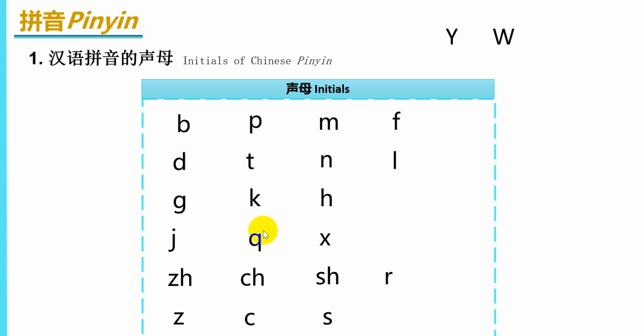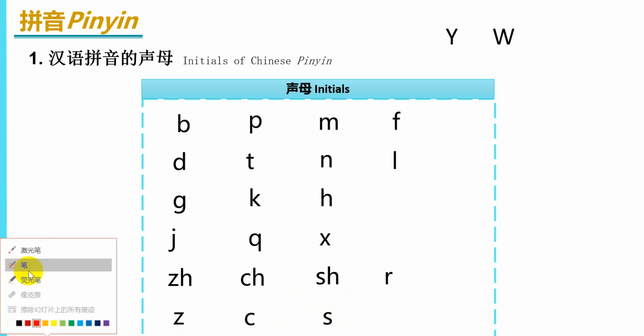G. Yes. Chi. Zhi. Shi. Yes. R. And this one, Zhi. Yes. Now, 一起读. Yeah, good. Now, this one. Z. Yes. Z. S. Yes. S. Okay.